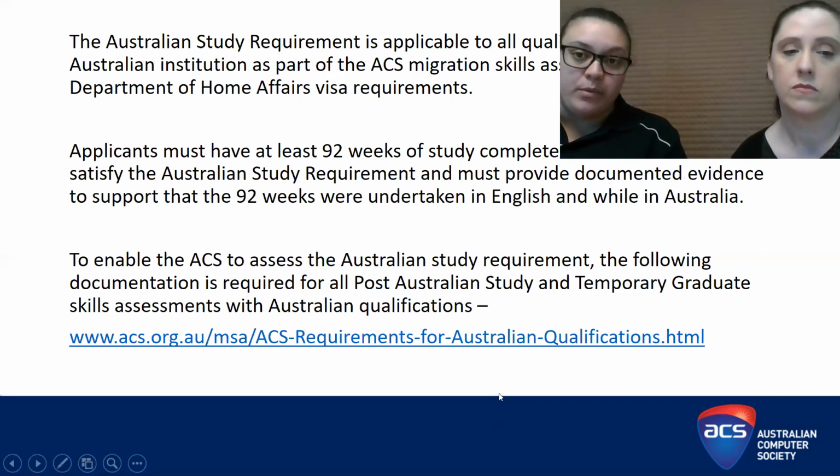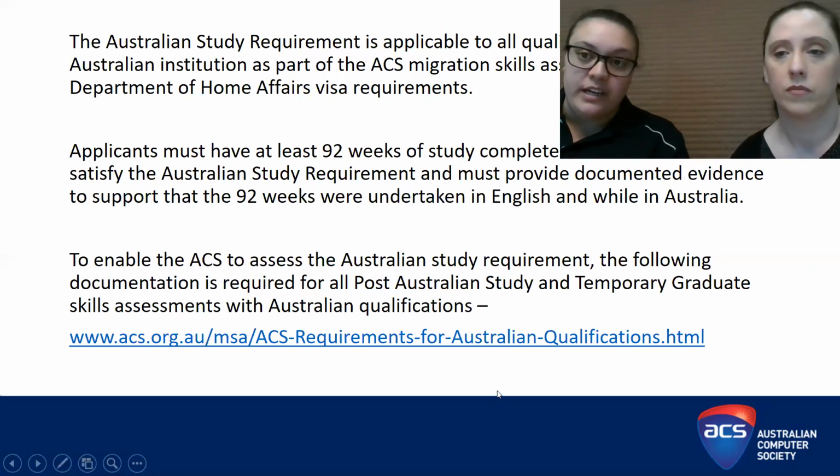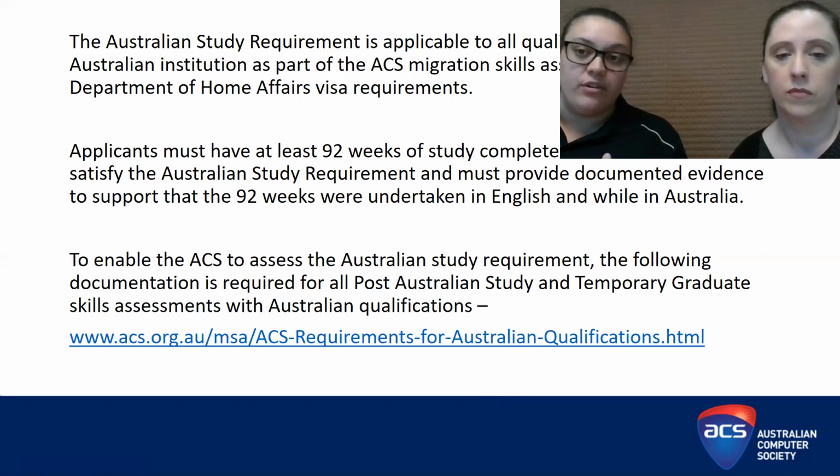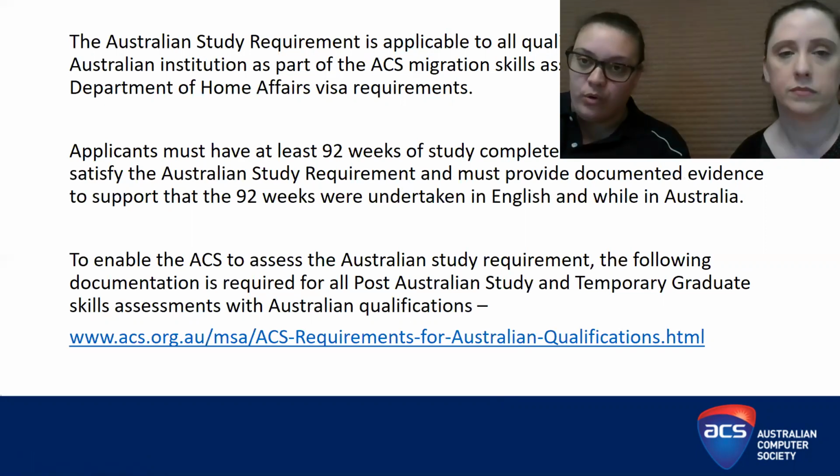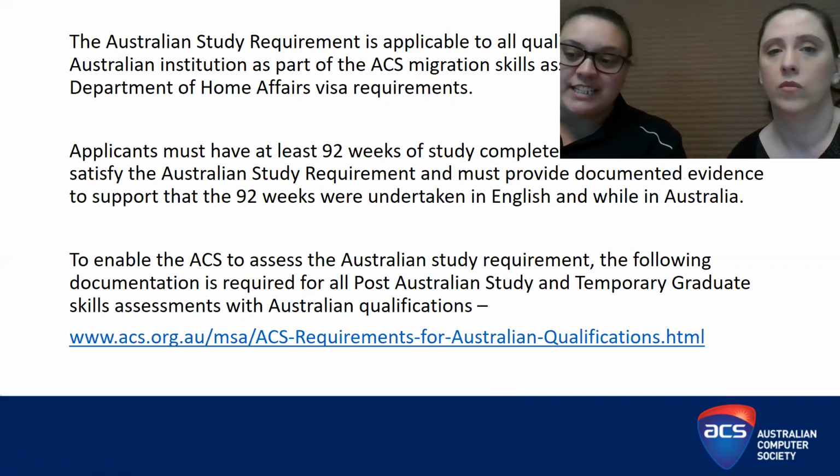That's probably one of the most important things, because that's what a lot of people fail on: the course that they do is not long enough, because they assume, it's registered for 108 weeks, but then they've got credits from another course. So this is very important, this part of passing the post-Australian study application type.